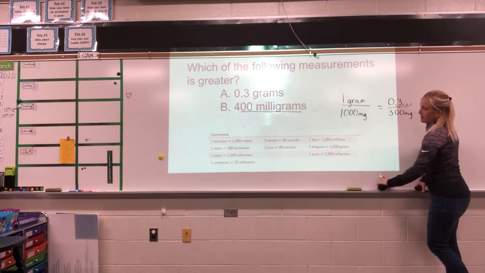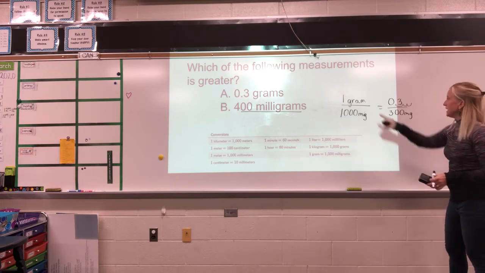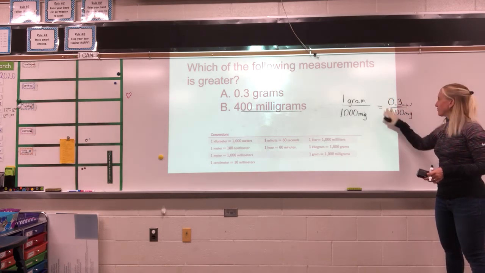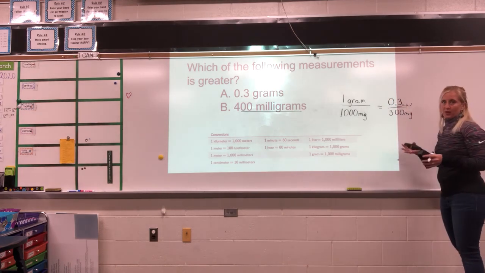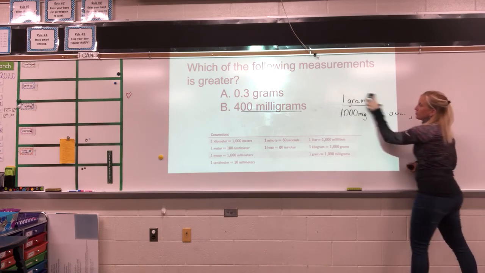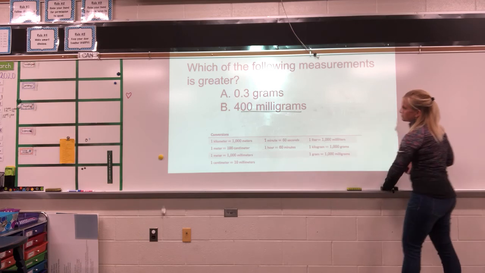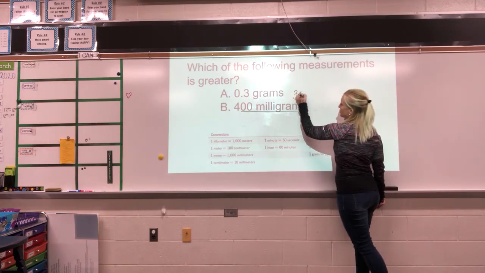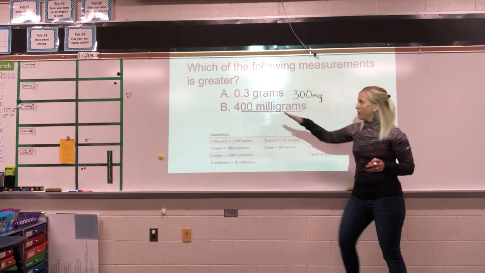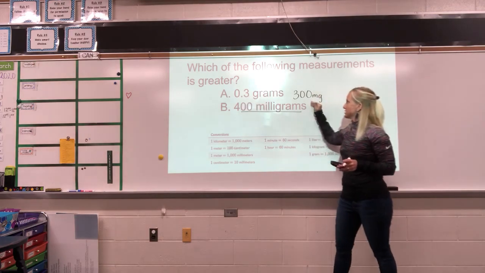Okay, so that's going back to that chart a little bit more. This is a harder one to do in the equivalent fraction form, and that's where knowing that chart that we talked about at the very beginning is going to help us. For this one, 0.3 grams is actually 300 milligrams, because we know that 1 whole gram would be 1,000 milligrams.